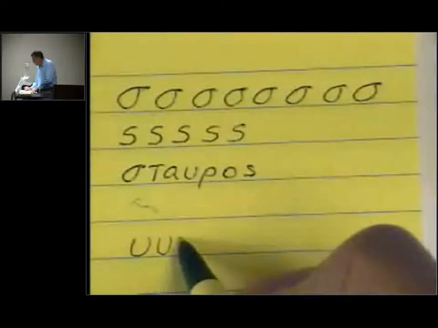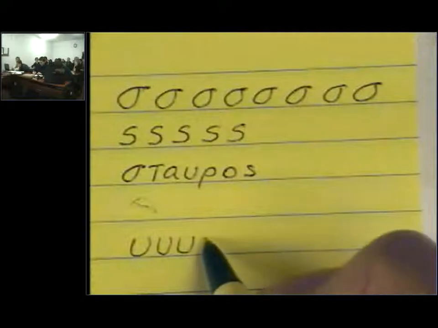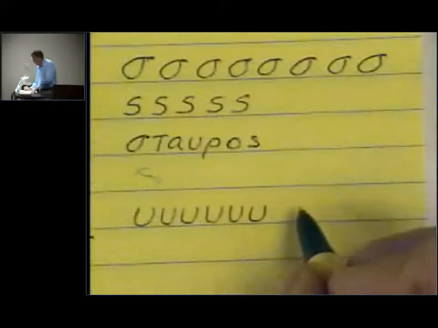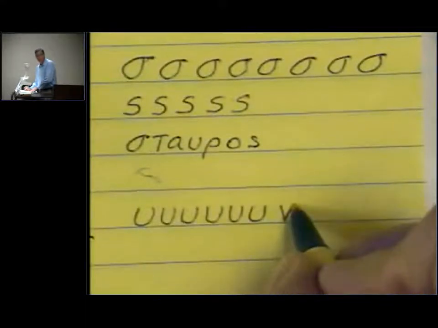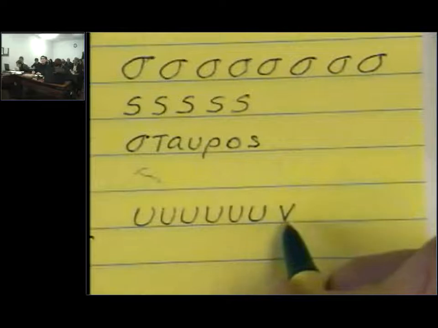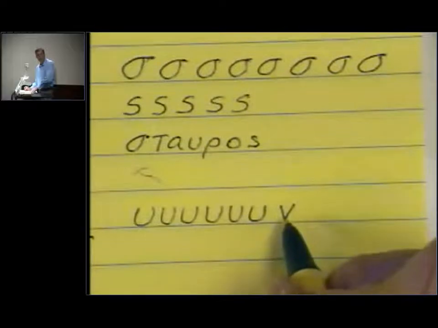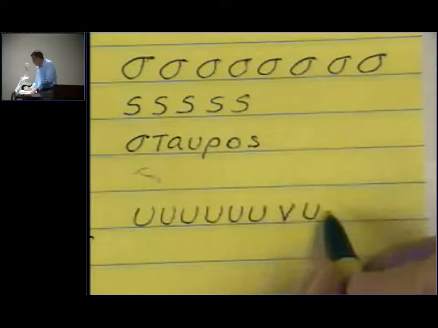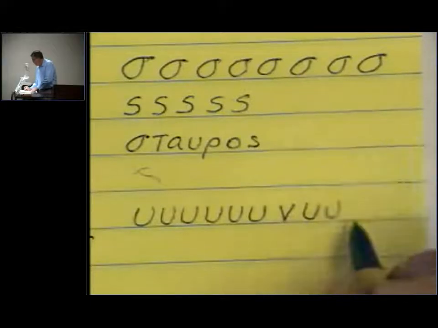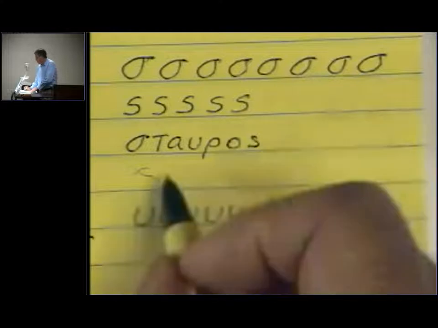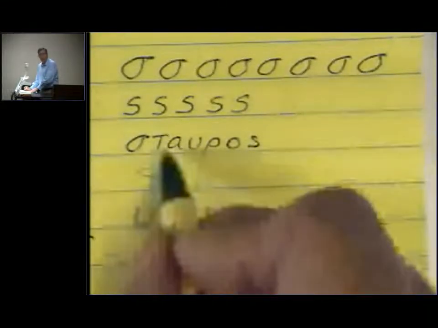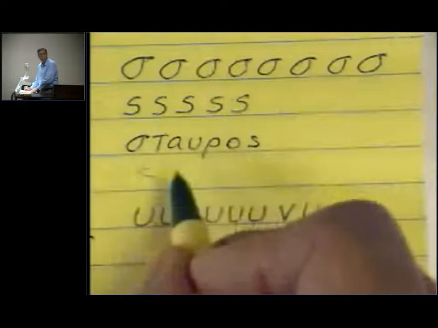Upsilon. Don't get it confused with this one. This is nu. But this is ooh. Now when you put these two letters together, ah-ooh.